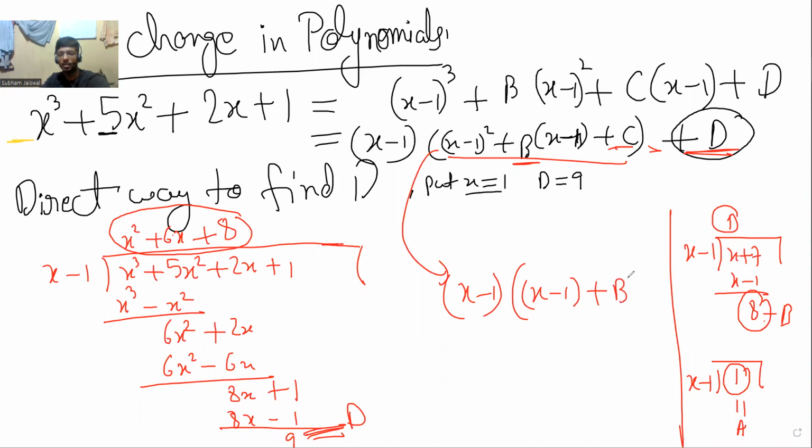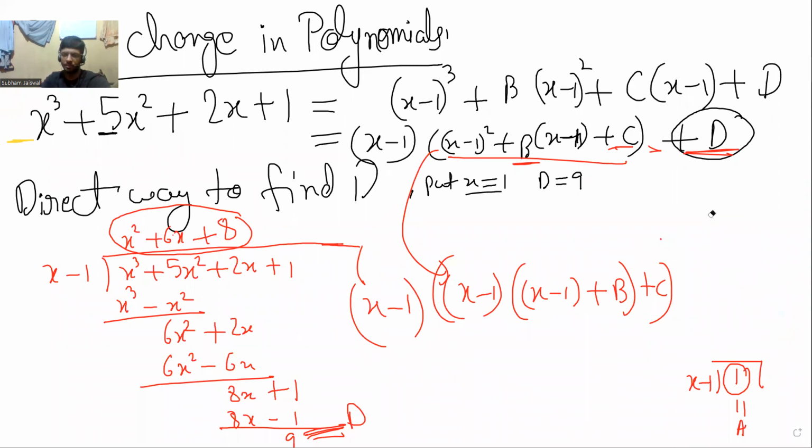B, right? Plus C, x minus 1 plus D, right? So D is the first quotient.